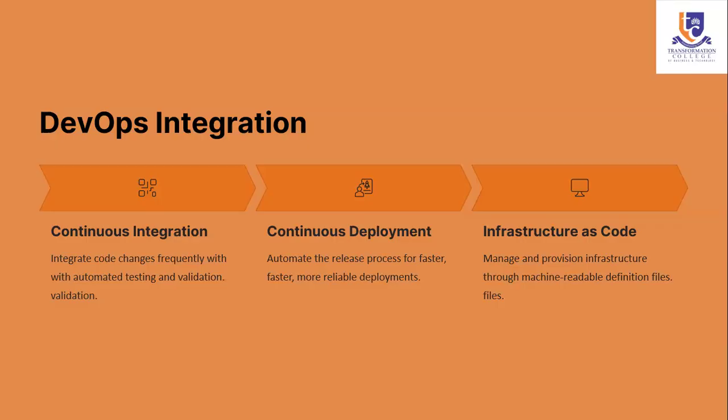Infrastructure as code: manage and provision infrastructure through machine-readable definition files. These are what you call YAML. You can also use Python for infrastructure as code. These are written commands that you write as scripts. You use them to set up servers too.